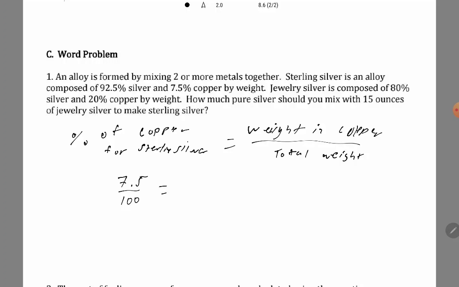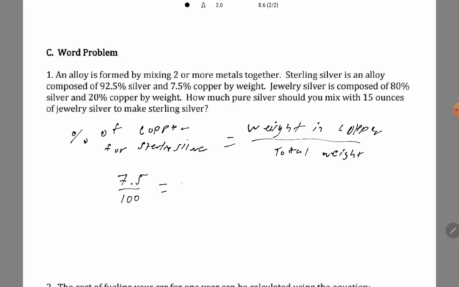And we're going to set that equal to the weight in copper, which we know to be 20%, 0.2 times 15, because 15 is our total weight, over the total weight, which is 15 ounces of the jewelry silver plus our pure silver.